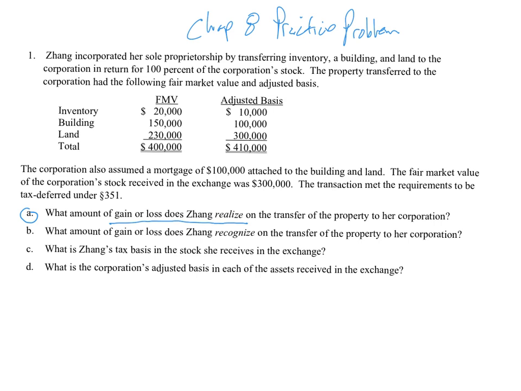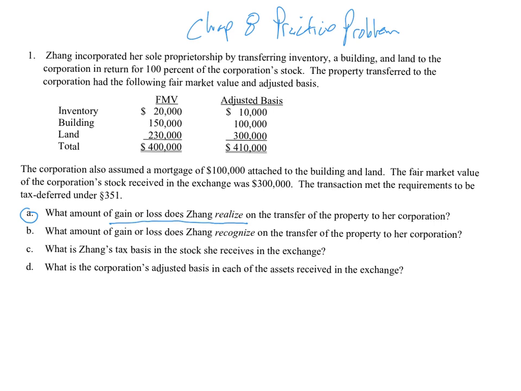property to her corporation. All right, so what's happening in general here, we've got this individual who is incorporating a sole proprietorship, and in doing so, she is also transferring inventory, a building, and land in return for 100% of the corporation's stock. The property transferred has all of this following information, okay?